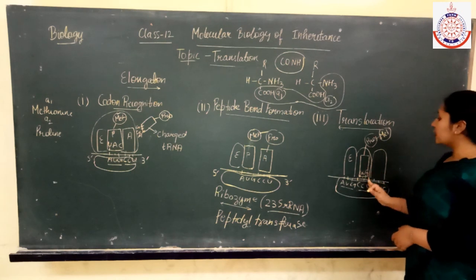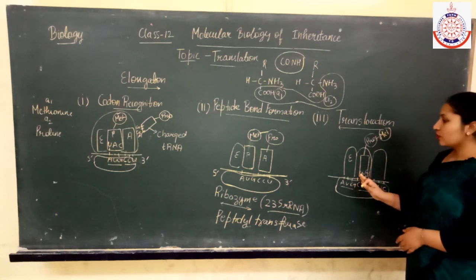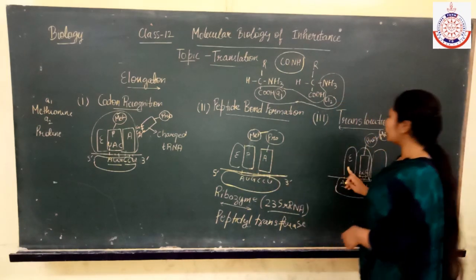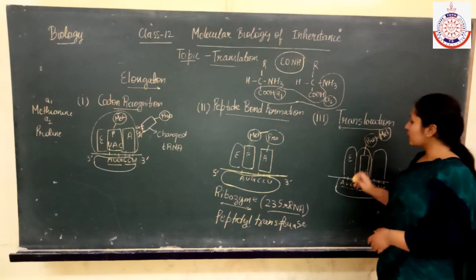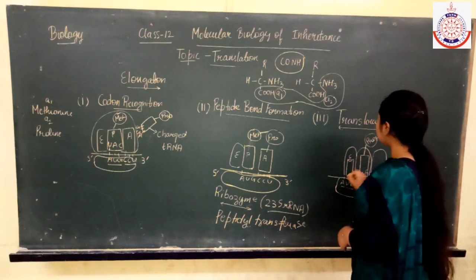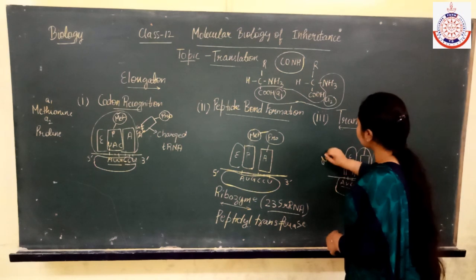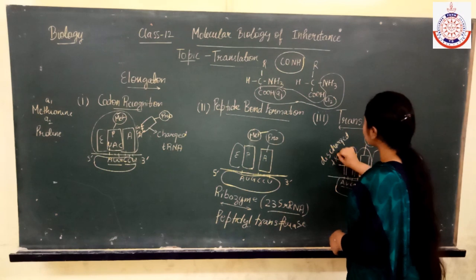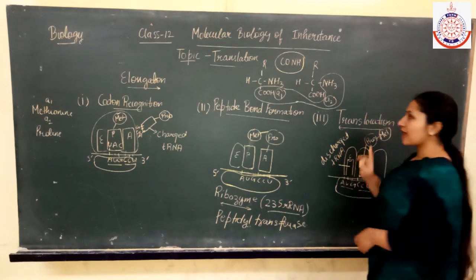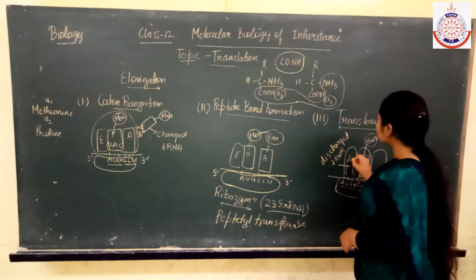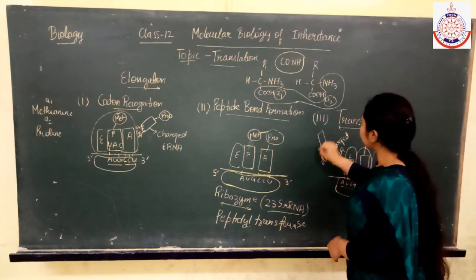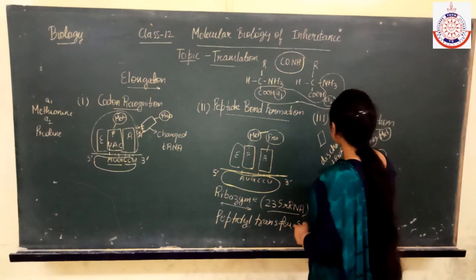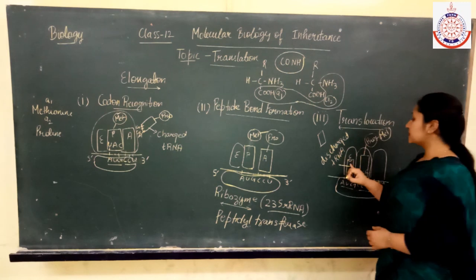So when this tRNA comes into the P site, the discharged tRNA which is already present in the P site comes into the E site. E means exit. So this discharged tRNA will be removed from here, and that's why it is known as the exit site.